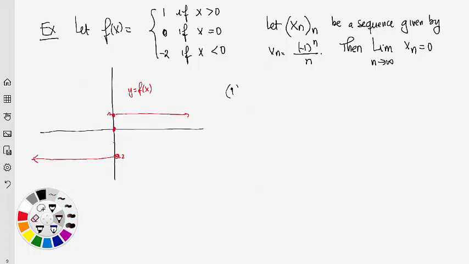Now first note that if we look at the subsequence x2k, then the limit of f of x2k will be the limit as k is approaching infinity of f of 1 over 2k.